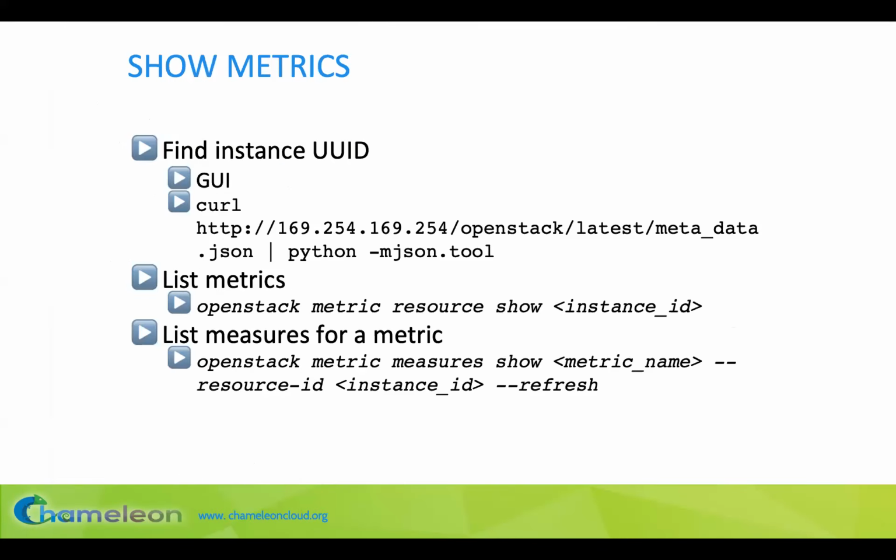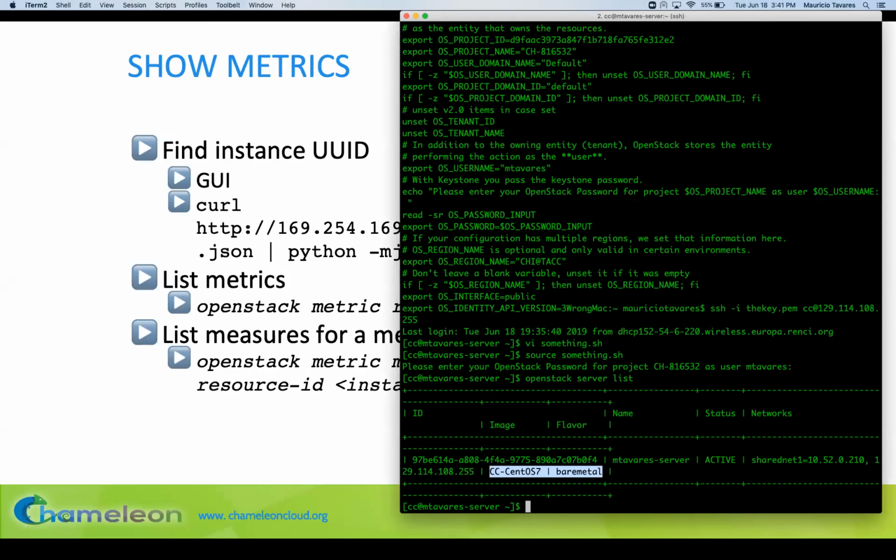Another way is to copy this curl command and run it, and you're going to get it back. But I already just copied it from the GUI, so I'm going to use that.